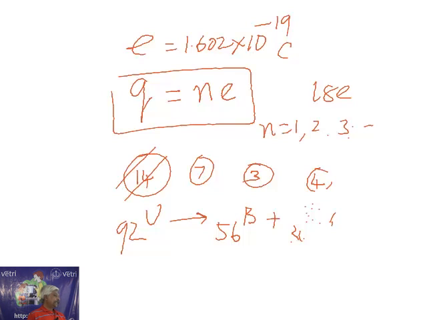So here 56 plus 36 will give 92. So the total amount of charge remains constant. 56 is the number of electrons of barium, and 36 is the number of electrons of krypton. Even though uranium breaks into two lighter elements, the total electron count will be 92. That is a concept. Be careful.